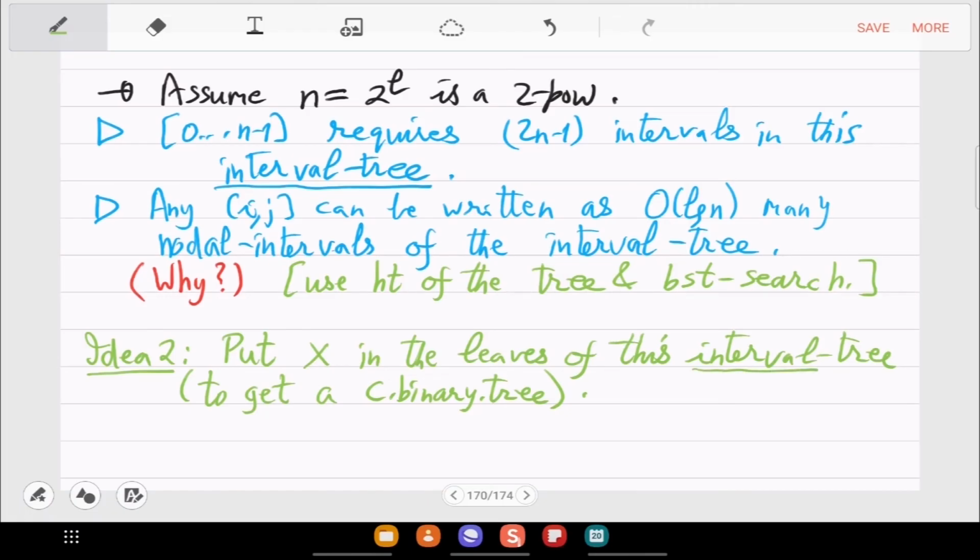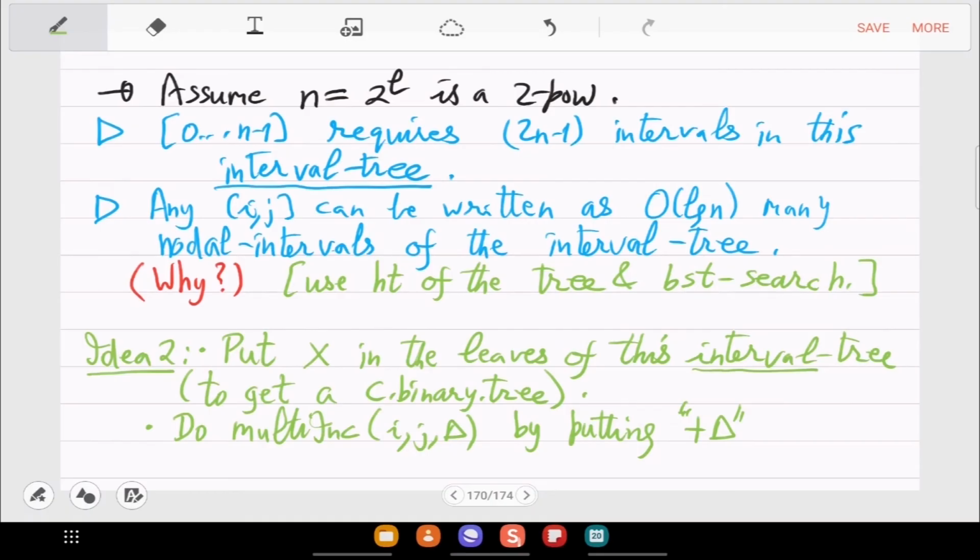And then you do multi-increment i, j, delta by putting plus delta in the internal nodes which you are using to get to the i comma j interval.